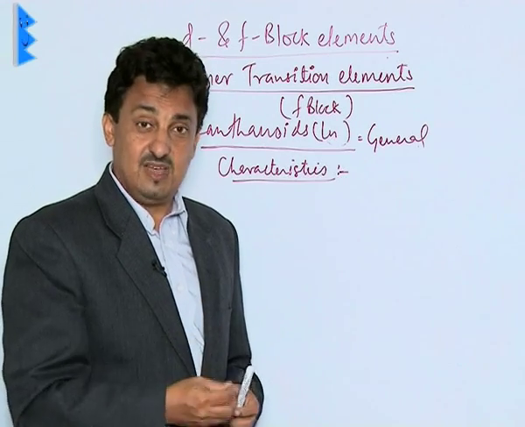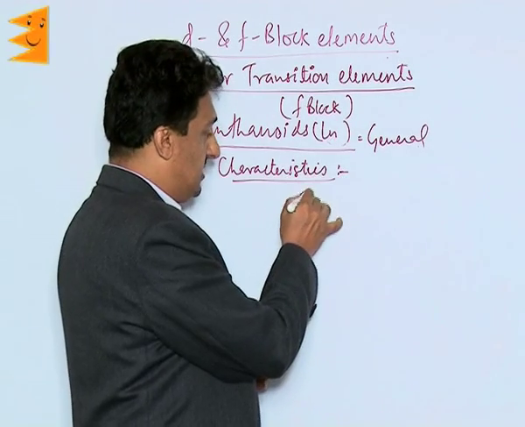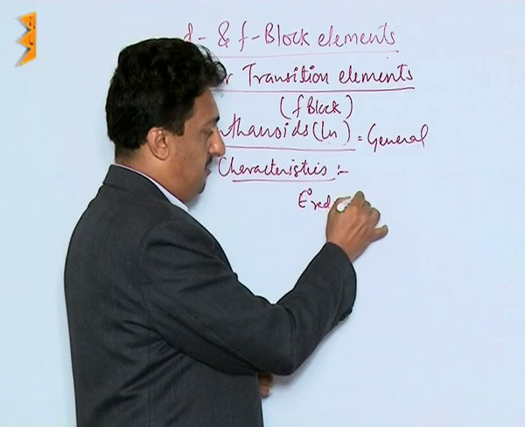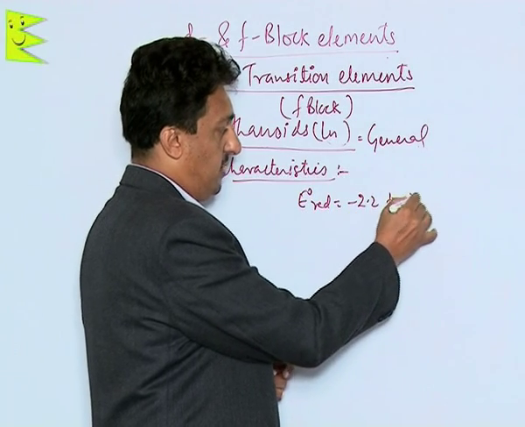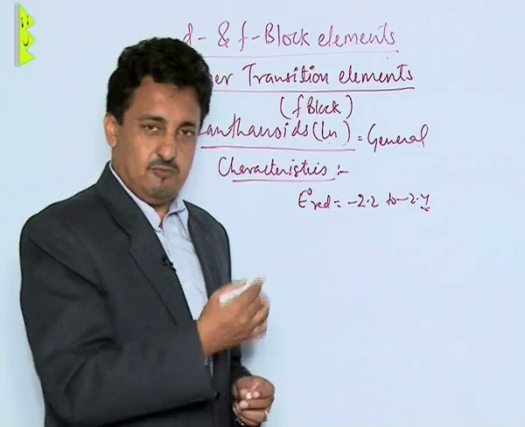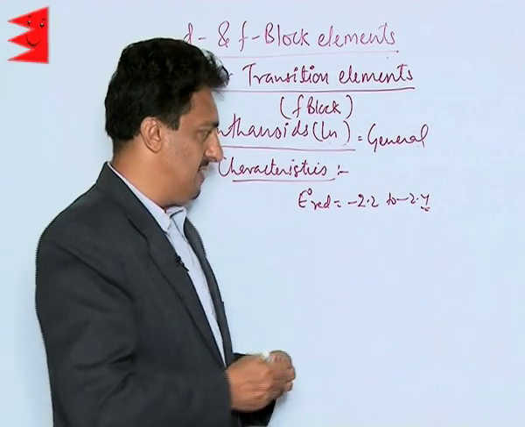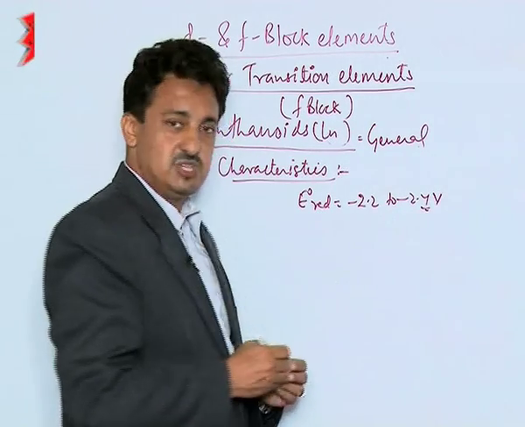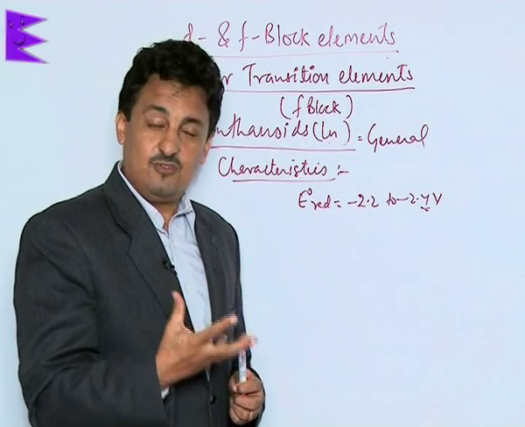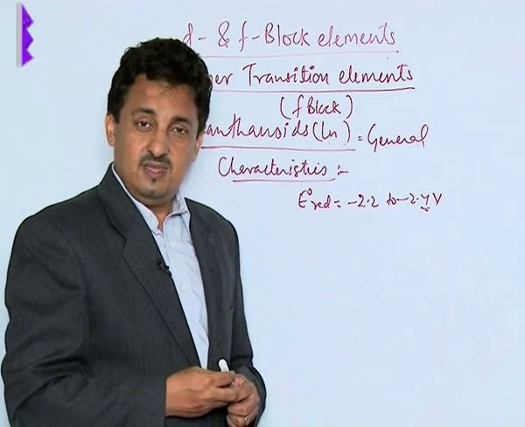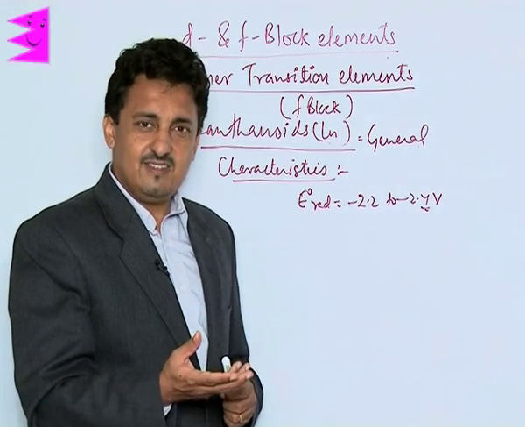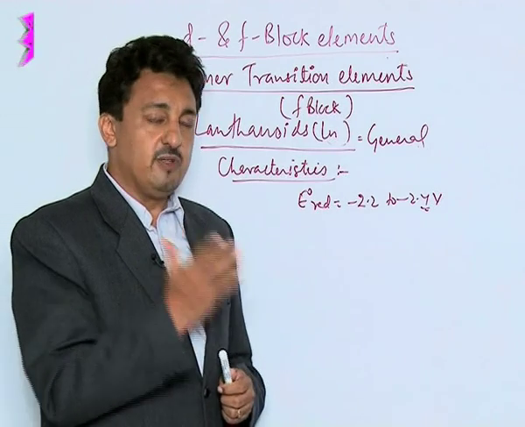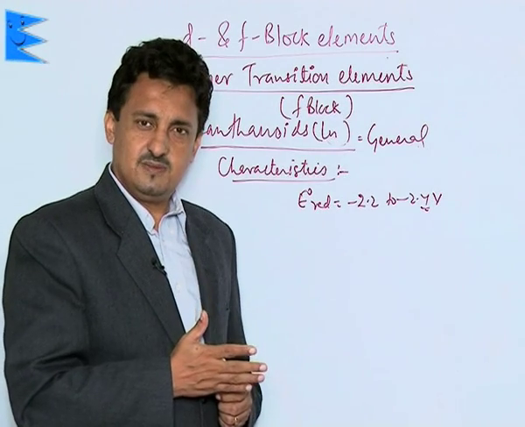They are very reactive metals with E0 reduction values ranging from -2.2 to -2.4, except for one exception, europium. This makes them quite strongly electropositive in nature. They have high ionization enthalpies because of poor screening by the 4f electrons.